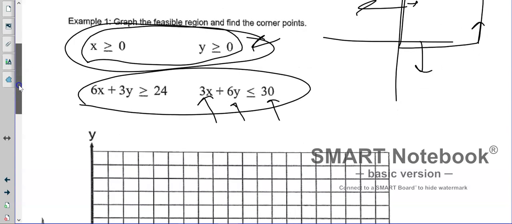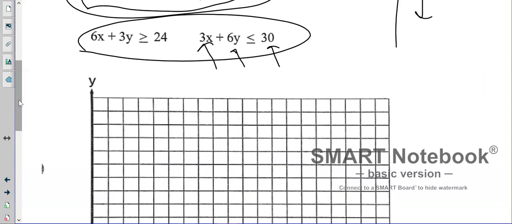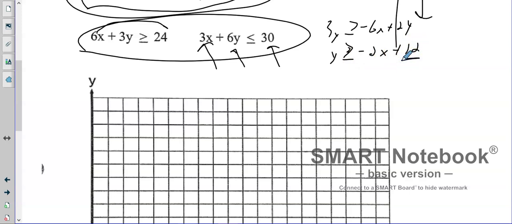So let's go ahead and graph these. Now, when you're graphing these, you have 2 choices. You can do the old solve for y, which means you move this over. So you'd have 3y is greater than or equal to negative 6x plus 24. And then you divide by 3, and you get y is greater than or equal to negative 2x plus 12. This is your y-intercept of positive 12, and this is your slope of down 2, right 1.